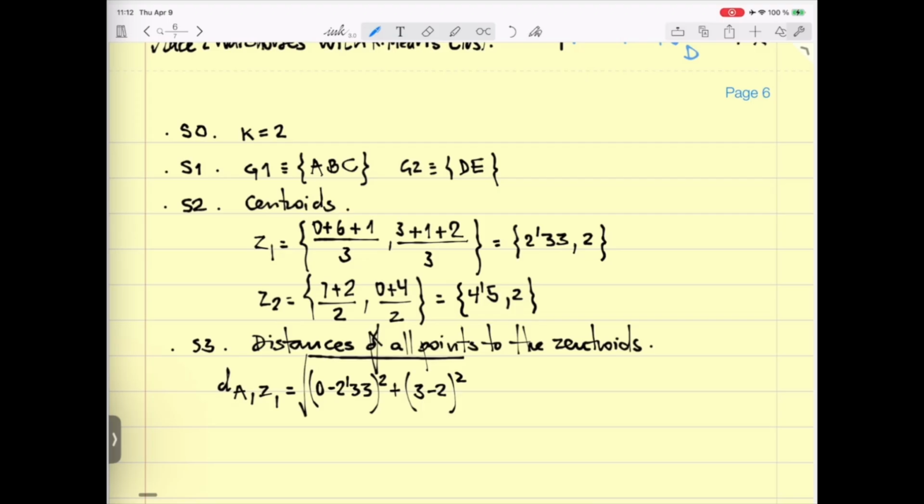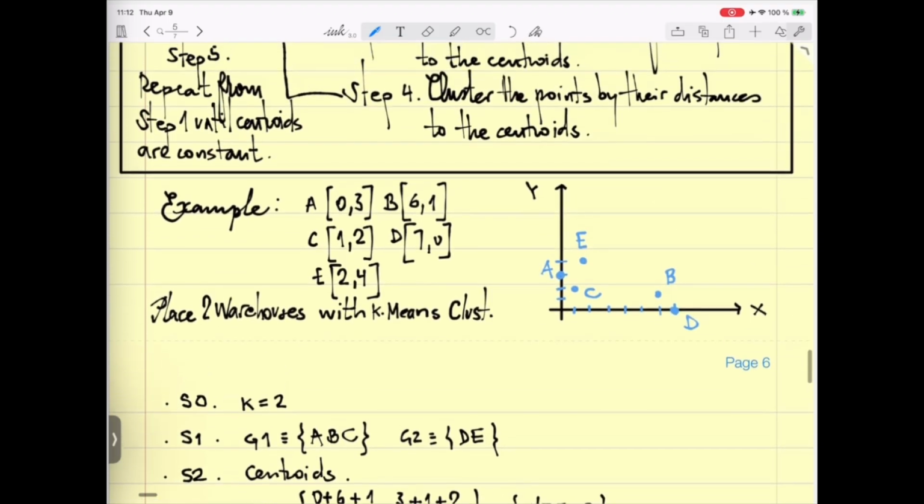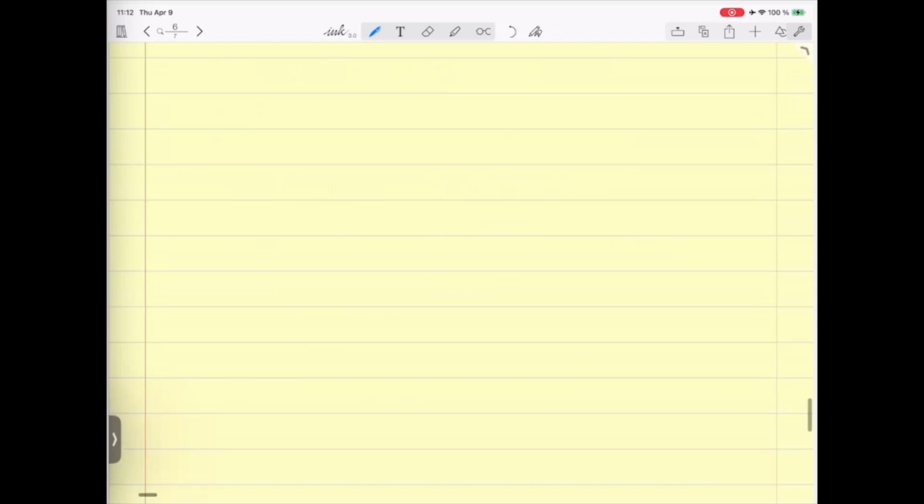I guess to calculate the distance, let me put a note here.